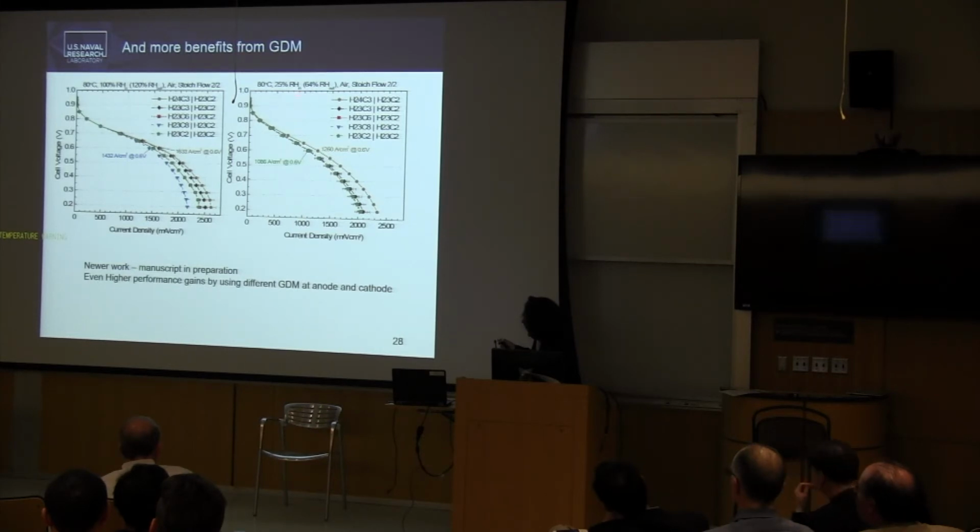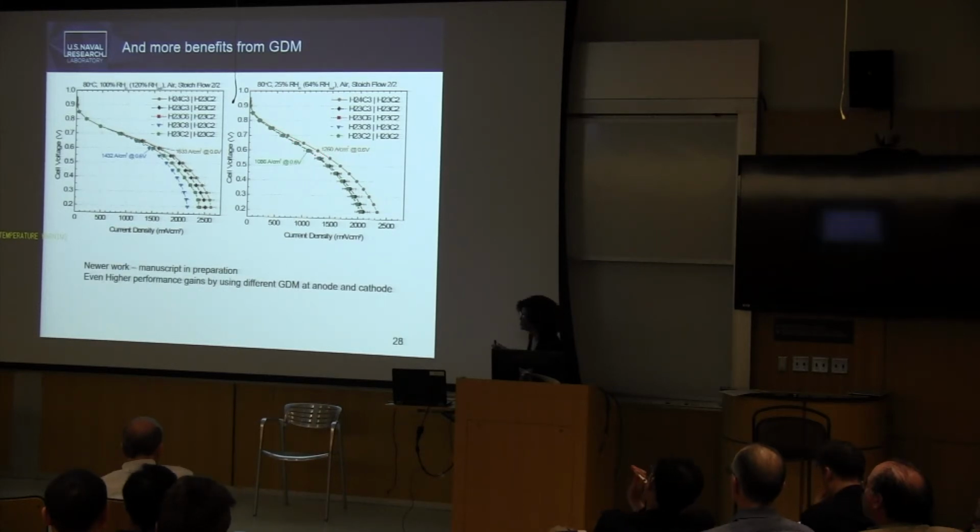This is at 25% RH. One of my big ideas, which I have every 6 months, is getting rid of the humidifier to save a lot of cost in a fuel cell. Isn't this amazing that, at this very low relative humidity, look at how far we increased the performance just by changing out that paper layer and the type of paper we used.